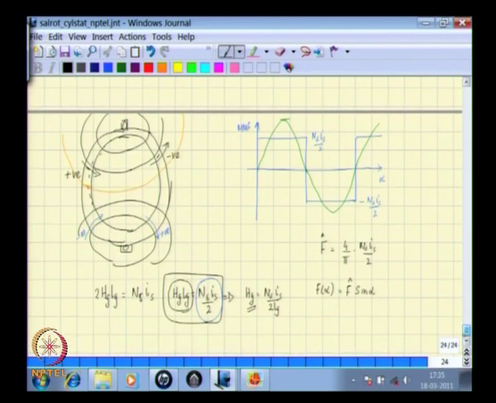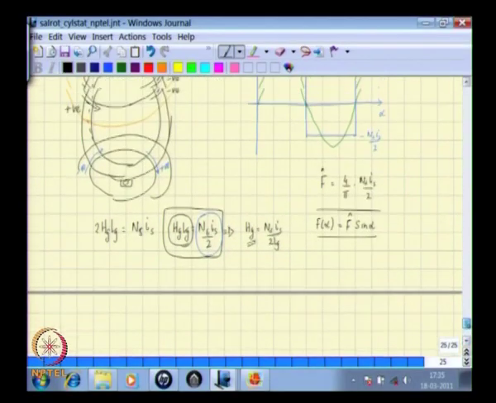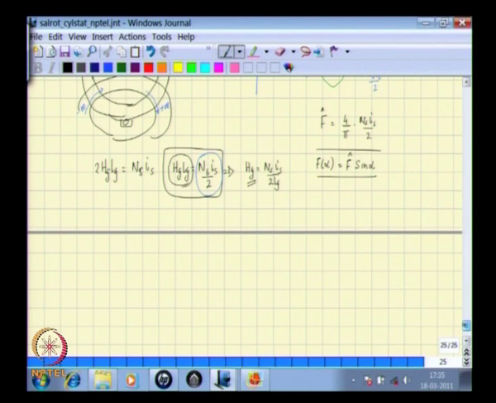Now, this is the distribution that is there along the inner circumference of the stator, but this MMF now acts along two air gaps that we have called the air gap lengths LGD and LGQ.